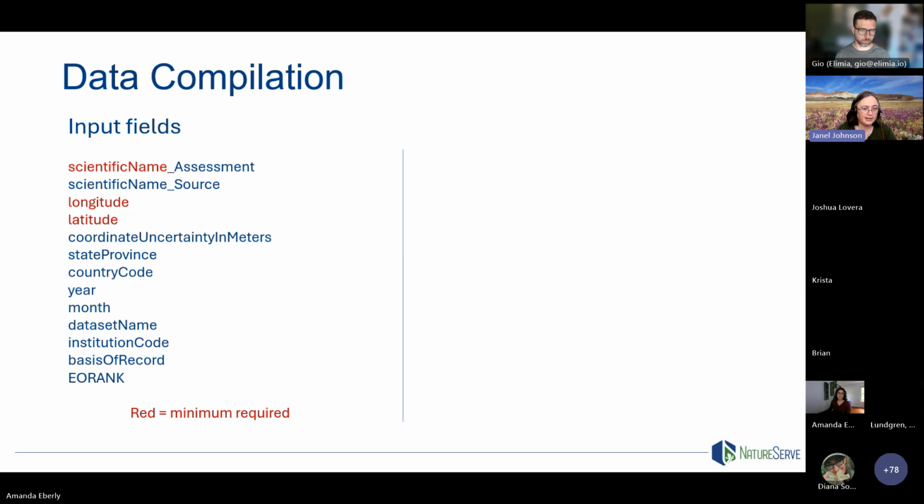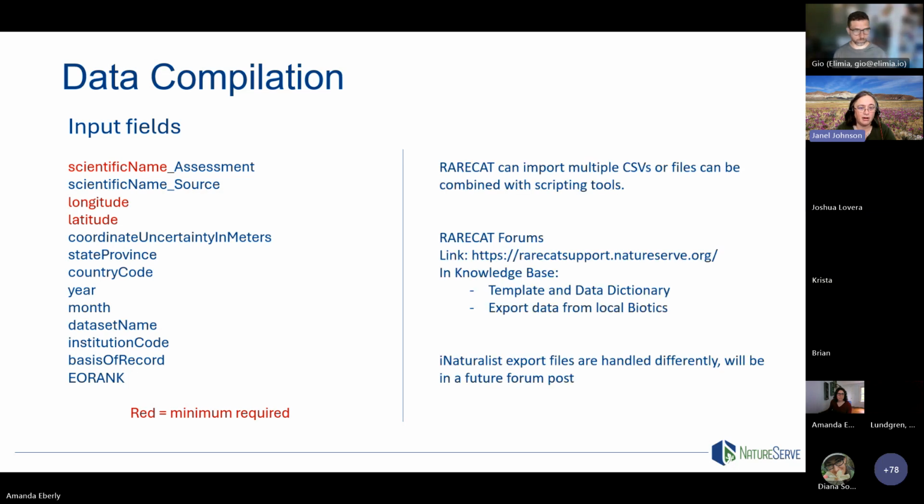When preparing CSVs for upload, you can use a RARECAT download as a template or find a template in the forum knowledge base. The 3 fields in red are the minimum required fields, and the other fields that are listed here are used for the data filters. RARECAT can import multiple CSVs with different column headers.